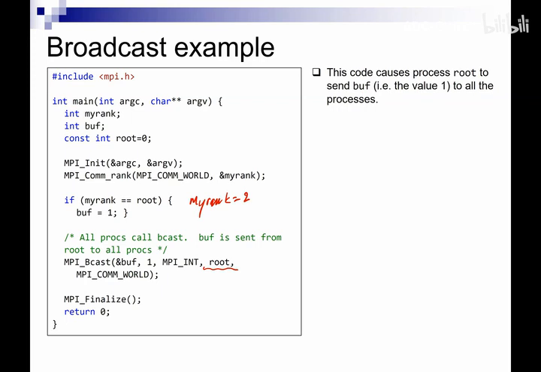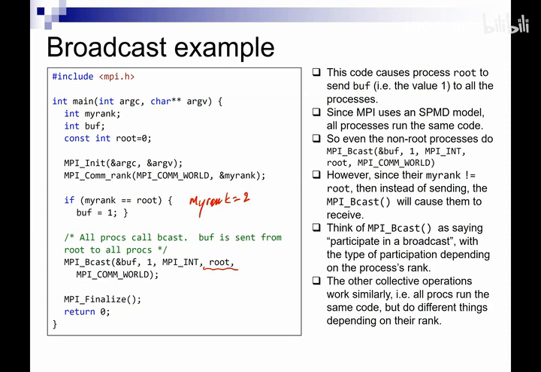When you call this collective operation, if you're the sending process, you actually do the send. But if you're any other process, then when you call that collective operation, you actually receive data.